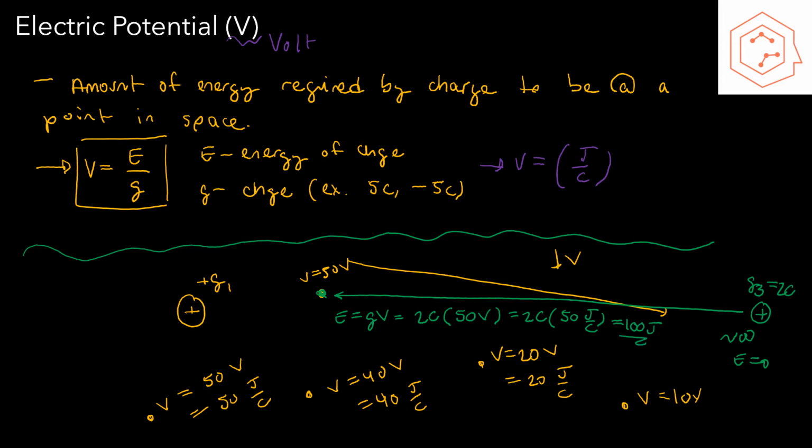So to bring Q3 to this point of potential 50 volts, I need 100 joules.